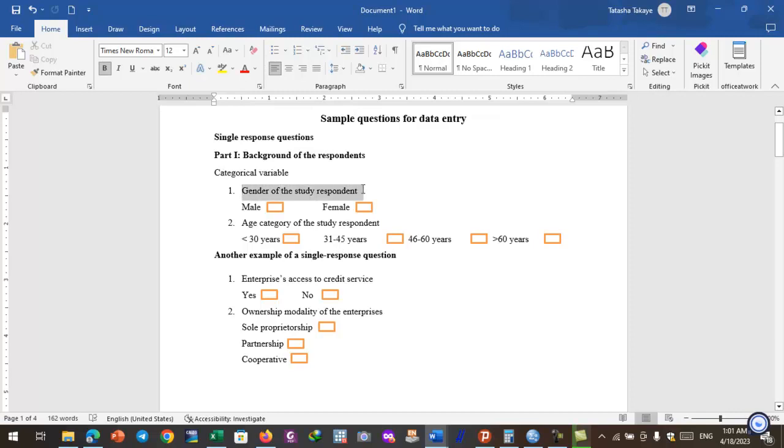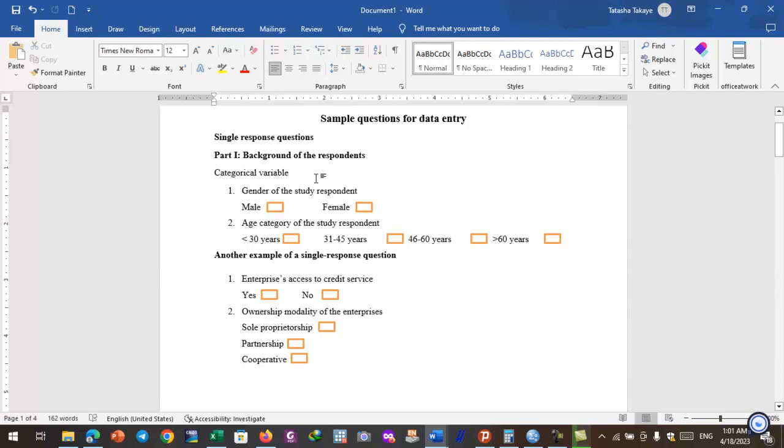One question asks the study respondent about his or her gender, another about his or her age category, and another asks the owners of a business enterprise whether or not the enterprise is accessing a credit service. Another question is about the ownership modality of the enterprise.